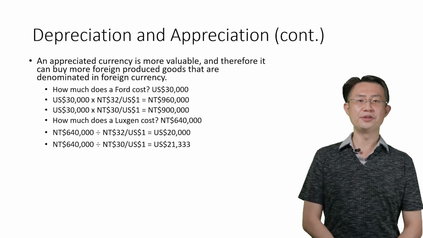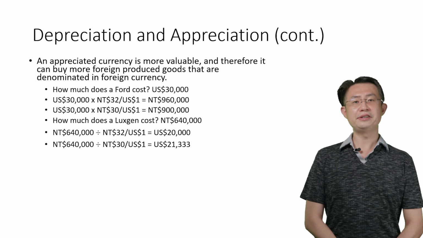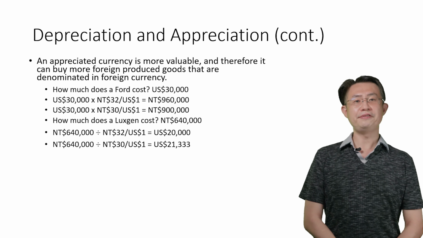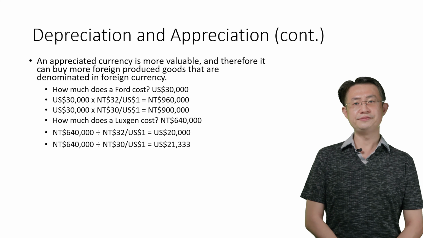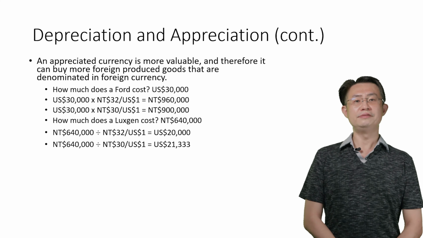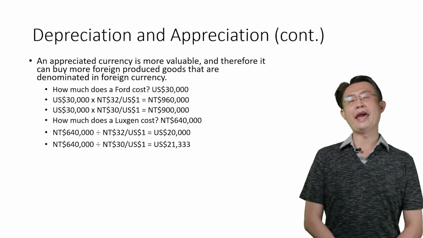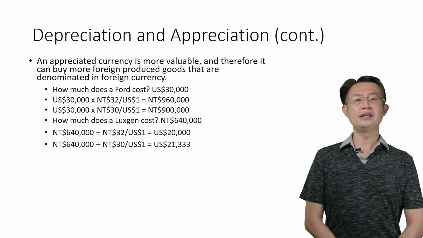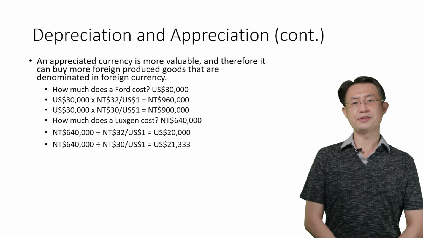So in this case, you will realize that after the exchange rate falls, the domestic currency faces appreciation. That will increase the price of exports, right? And reduce the value of exports.